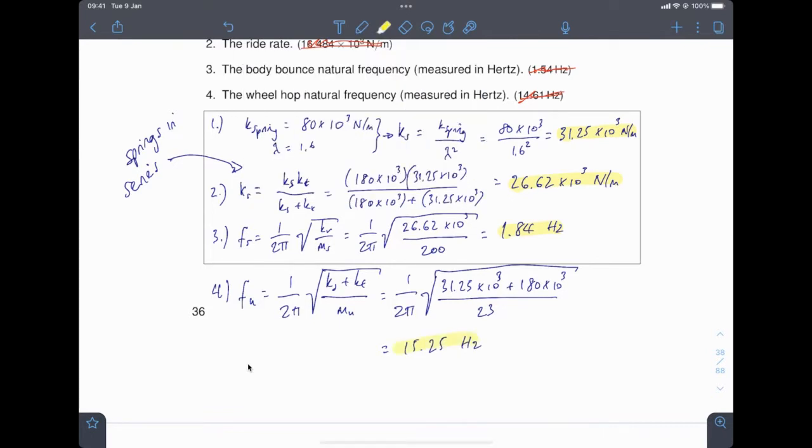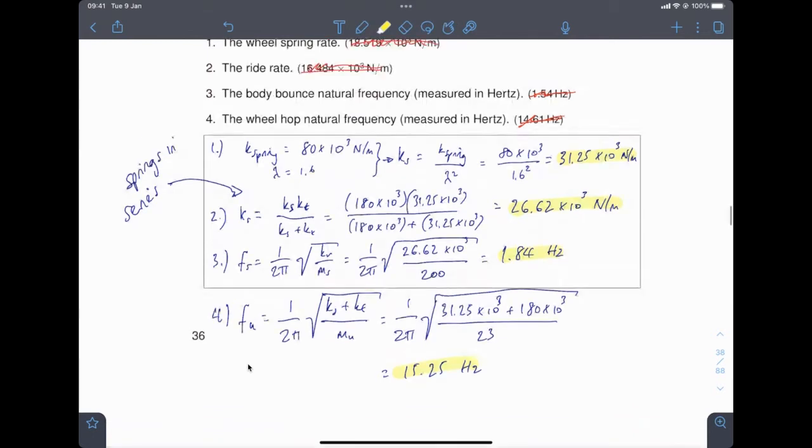So the unsprung mass, or the wheel hop rate, is 15.25 hertz.